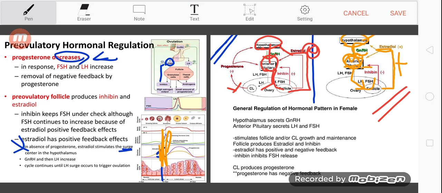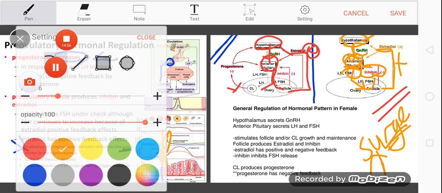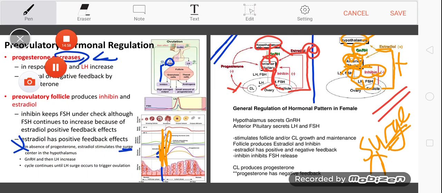It will cause the LH surge. FSH is also elevated, but it will not be as high as the LH surge due to inhibin that gives negative feedback to FSH secretion. So when we compare mid follicular phase with end follicular phase, there are differences.